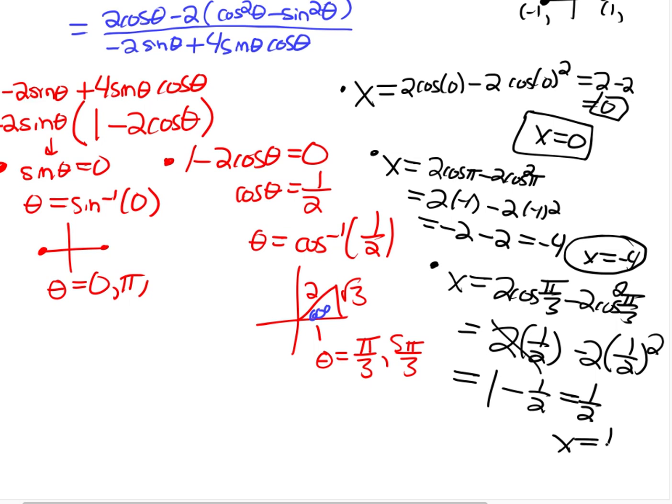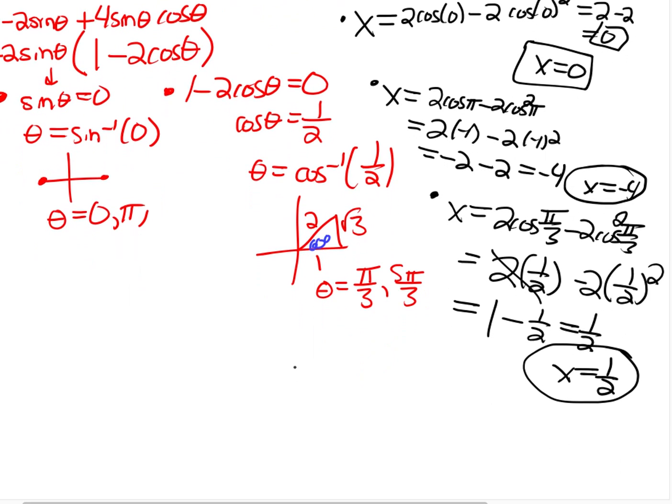So I see another tangent line that's vertical. Probably going to happen at x equals 1/2. Okay, and then we could try 5 pi over 3 and see if we get something different there. This is kind of out of control. It's a long example, but that's okay. So I'm going to get 2 times the cosine of 5 pi over 3 minus 2 cosine of 5 pi over 3 squared.